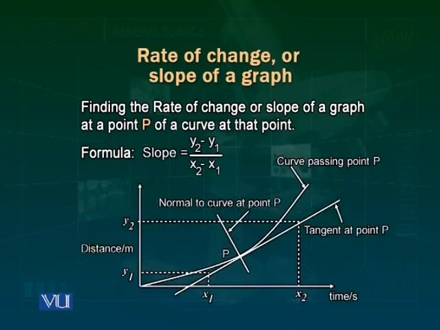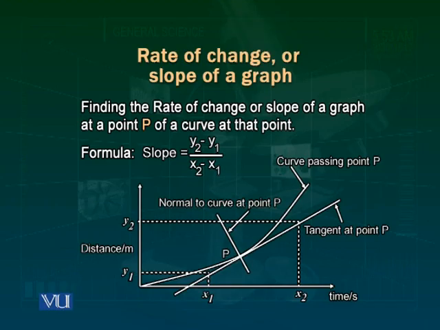Now, in case we have a graph which is a curve, the slope is continuously changing because you might not have quantities which are directly proportional or in a straight line proportion. So how do you find the slope of a curve? On our slide, we have a graph which shows a curve, and a point P. What we do is draw a tangent at the point P. A tangent, as you know, is a line touching the curve at that point and is always at 90 degrees to the line joining the center of the curve to that point.